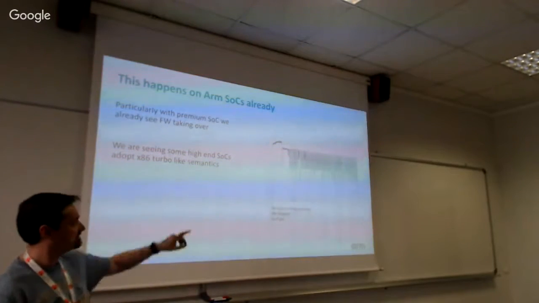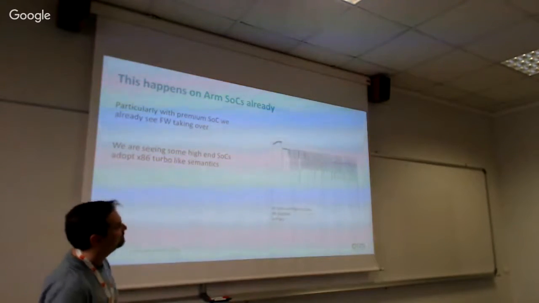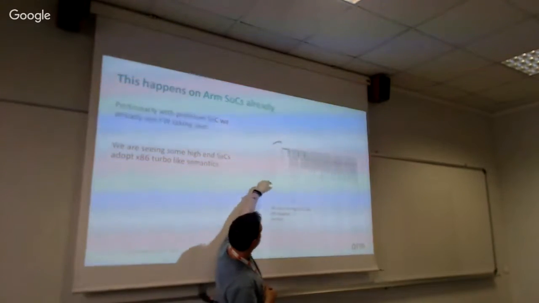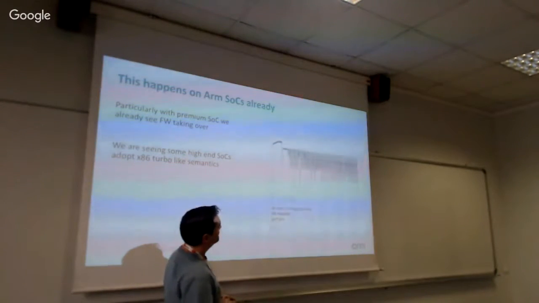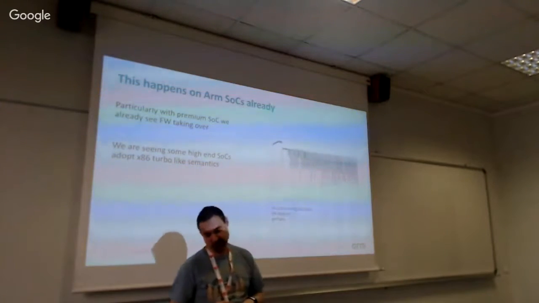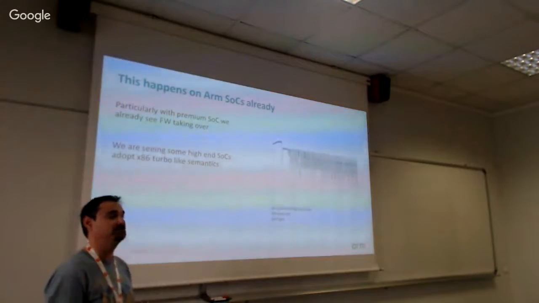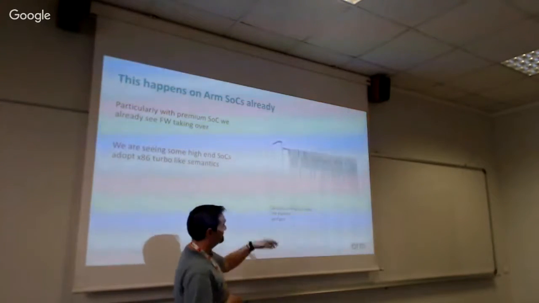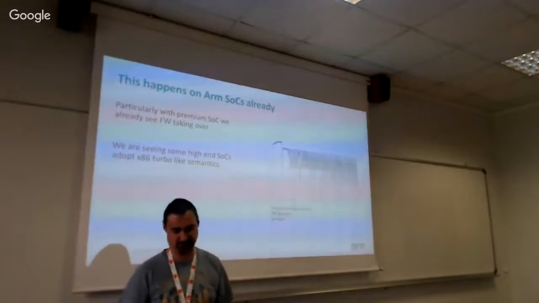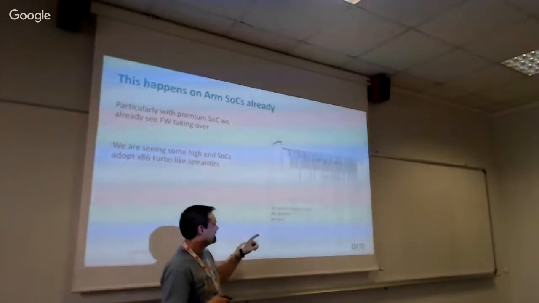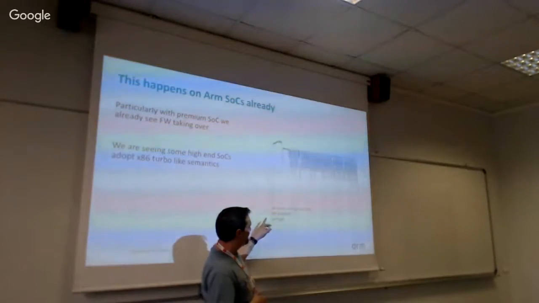This is anonymized, obviously, but this is power normalized to the max power this platform was consuming, on a platform where we were running a power virus. Basically, we were running a Dhrystone thread on every single CPU and just observing it over time. This was with IPA, intelligent power allocation, disabled, and the performance governor.